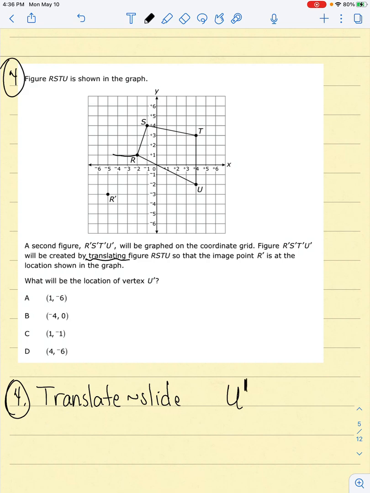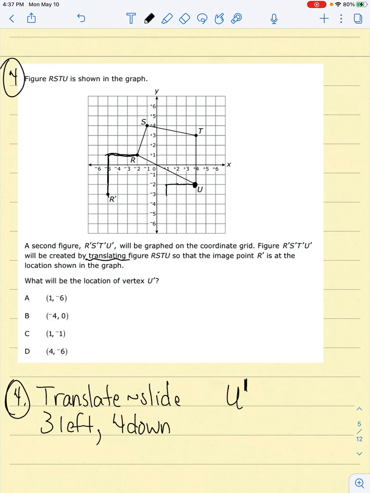So R went from here to here. So they want to know where U will go. First I've got to get some directions. It looks like we went 1, 2, 3 left, and then 1, 2, 3, 4 down. So I'm going to do the same thing to U and get my new coordinates. I'm going to go 3 left, start at U, 1, 2, 3. You don't have to draw that point like I just did.